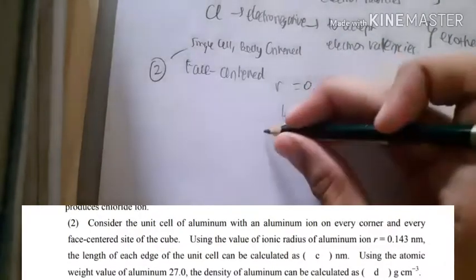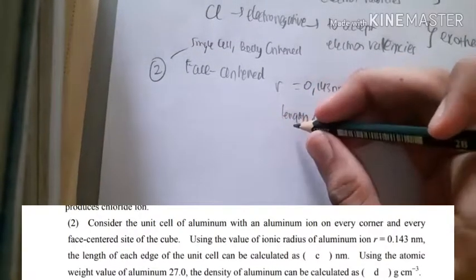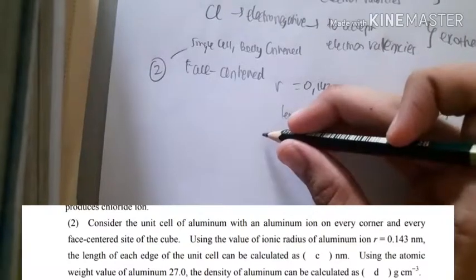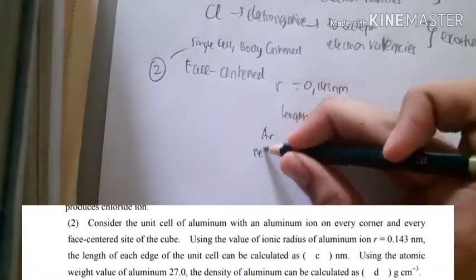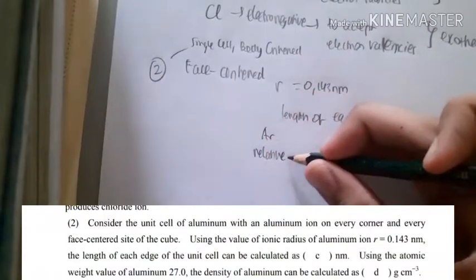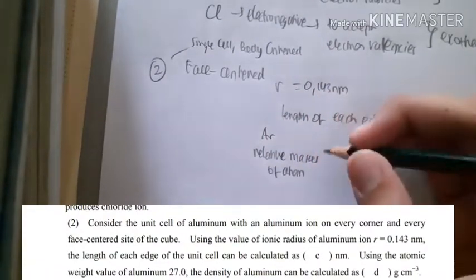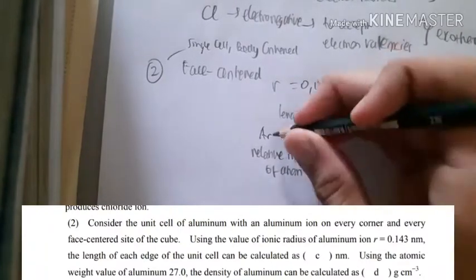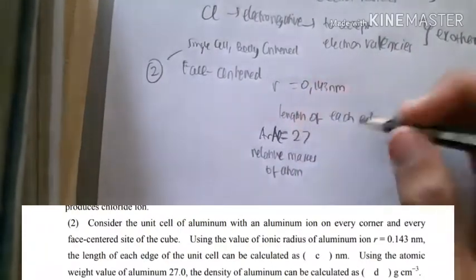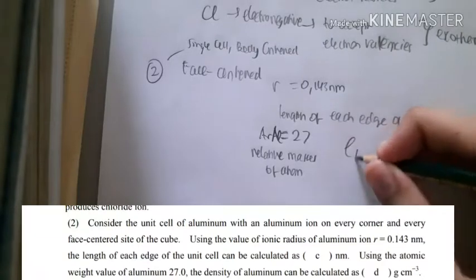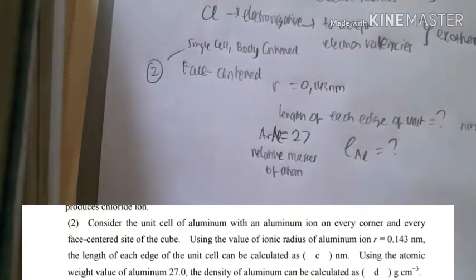And they give the atomic weight value, AR, the relative mass of an atom. You can find it in the periodic table. The AR of aluminium is 27. So the density of aluminium is what, in units of gram per centimeter cubed?